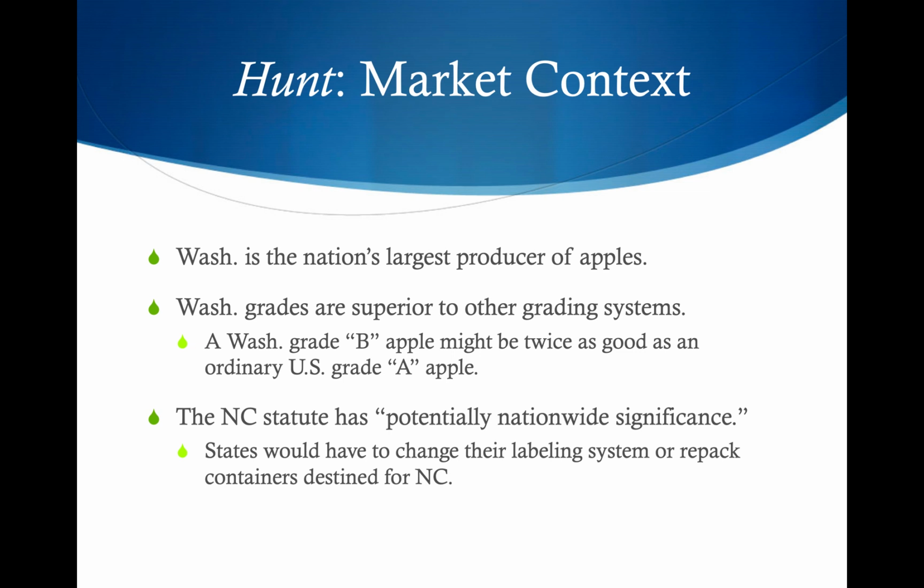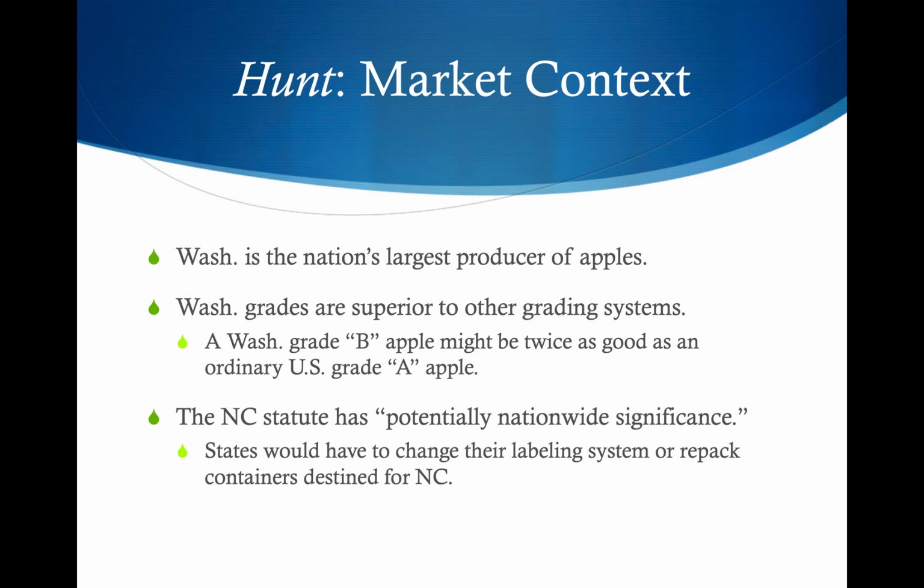But the court tells us that there's another problem. The court doesn't even have to engage in that balancing test, because the court tells us that this statute, over on page 359, the challenged statute has the practical effect of not only burdening interstate sales of Washington apples, but also discriminating against them, right?